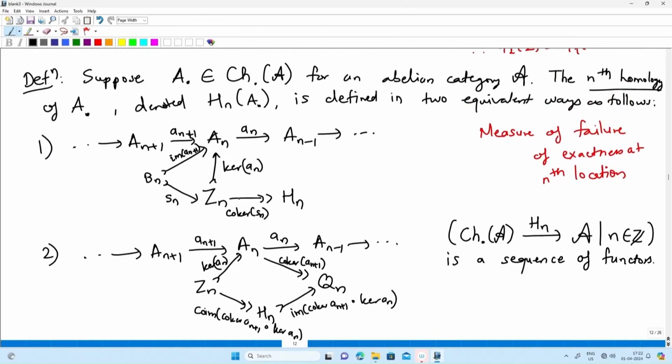Zn. Let me quickly remind you of these things. When we talk about the chain complex, there are three important objects. Zn is the kernel of an, Qn is the cokernel of this, I think that should be Qn plus 1, and Bn is the image object. So these three are important.